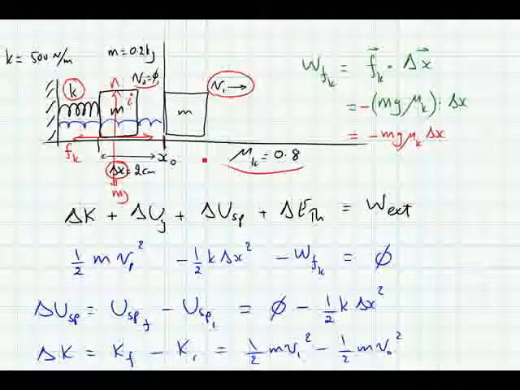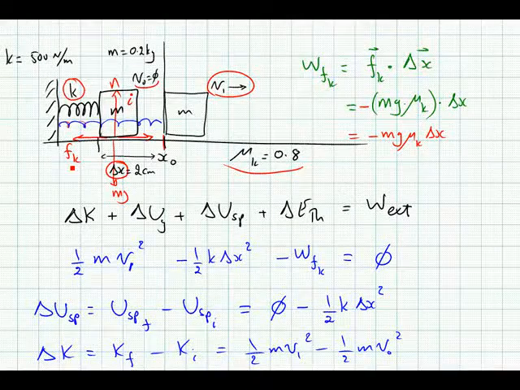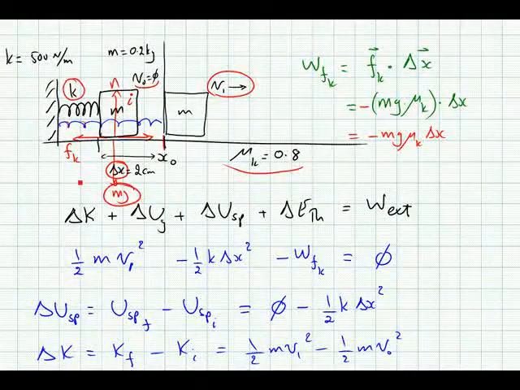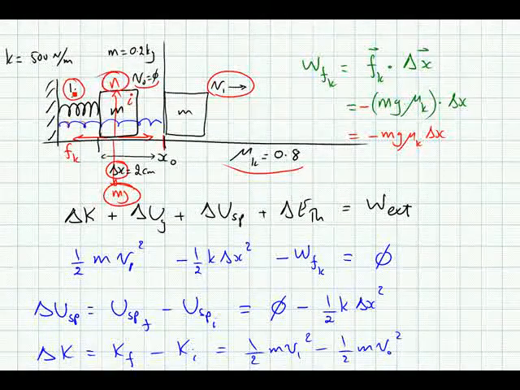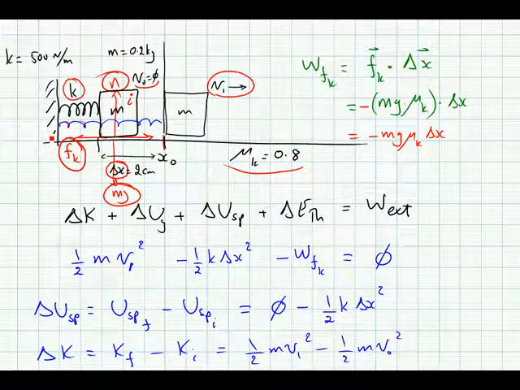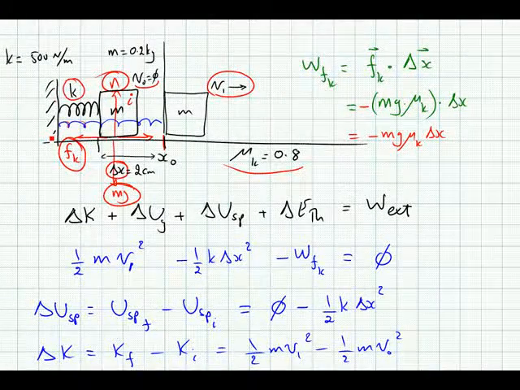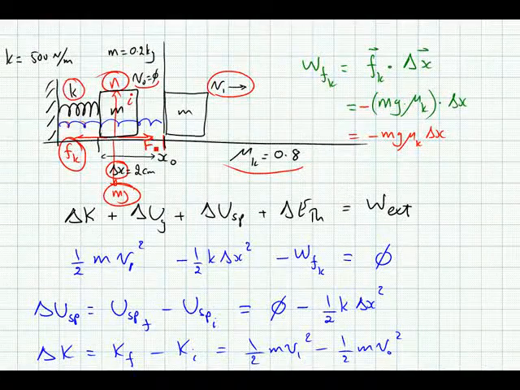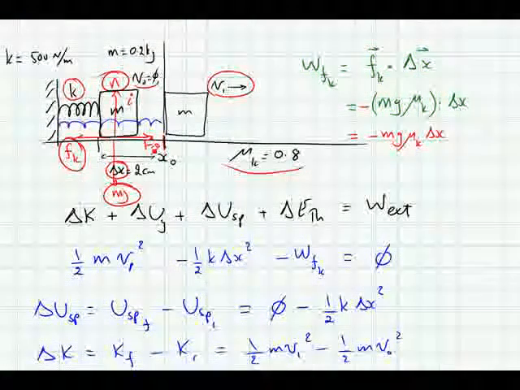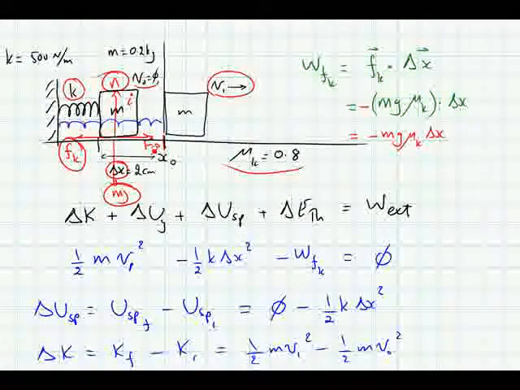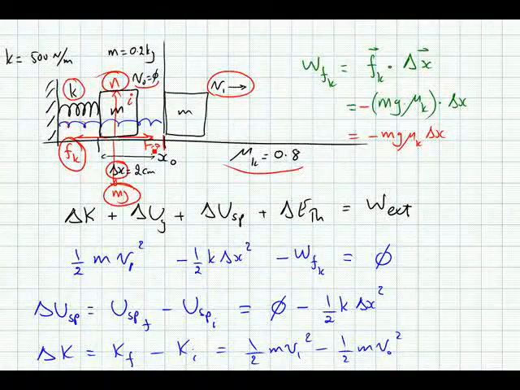This is the coefficient of friction, and if we now consider the forces acting on the object, well, of course there is weight mg, there's normal force, and there is friction force, which is in the reverse direction, and we have a spring force F spring, which is directed towards the positive x-axis.